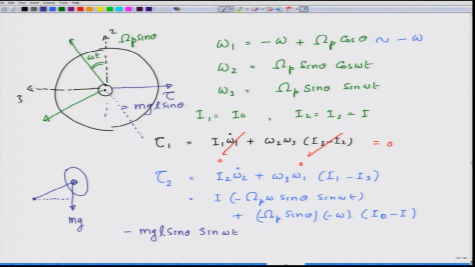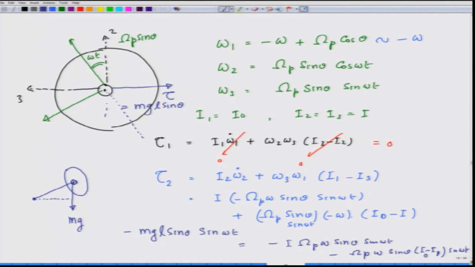Oh, for the omega 3 out here, I also had a sine omega t here, which I forgot, and it should be equal to minus I omega p omega sine theta sine omega t minus omega p omega sine theta times I minus I0, or I0 minus I, sine omega t.